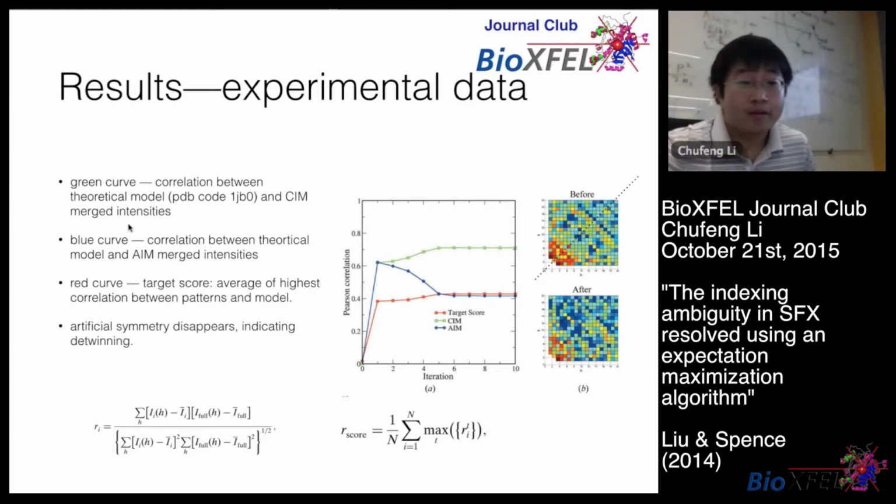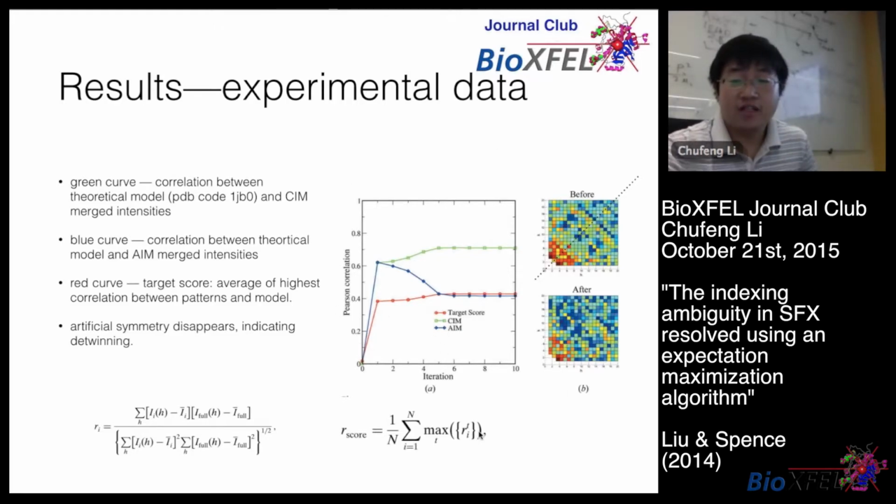So the green curve is the correlation between the reference and the CIM, and the blue curve is the correlation between the theoretical model and the AIM merged intensities. The red one is just a target score, and it reflects the average of the highest correlation between each pattern and the theoretical model.